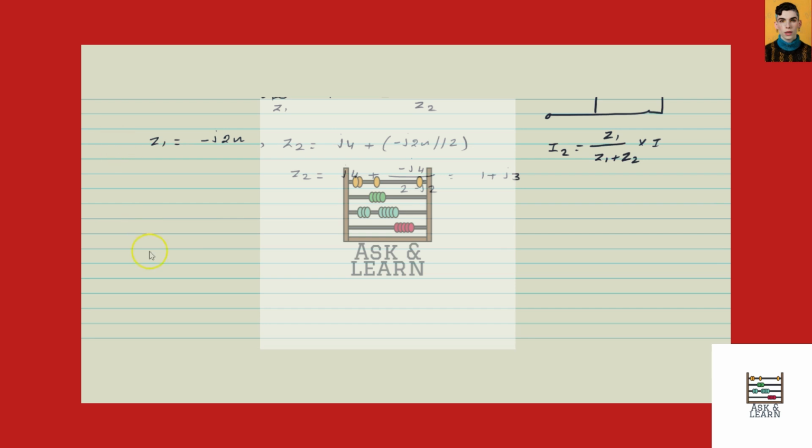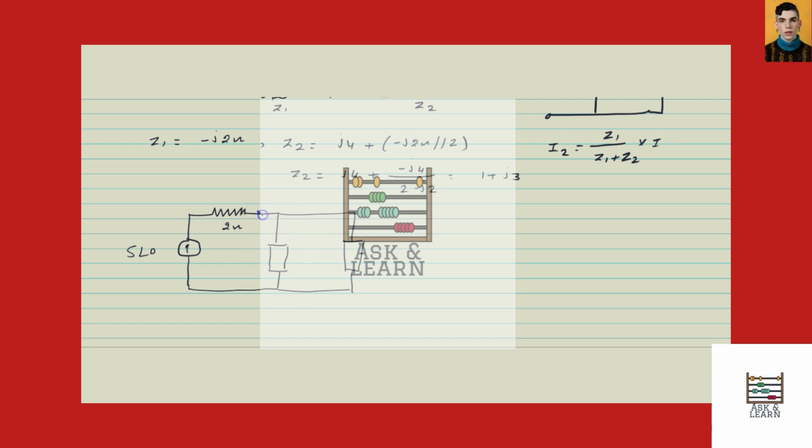So rearranging the circuit, this gives the current source 5 angle 0 degree and series resistance 2 ohm, impedance Z1, and this is the impedance Z2.